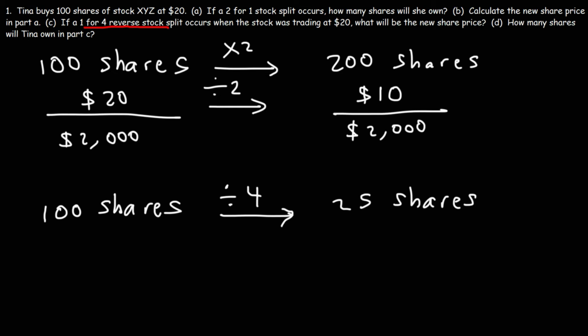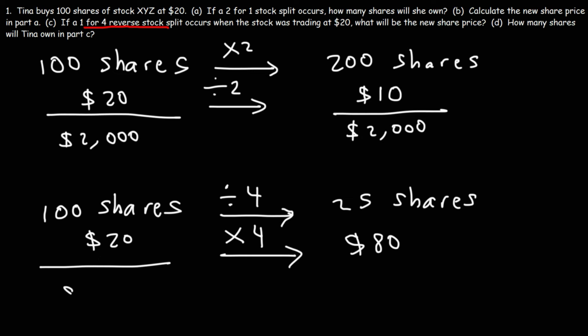Now, if the number of shares in a reverse stock split goes down, we know that the price is going to go up. So the initial price that she bought the shares for was $20. And since the number of shares went down by a factor of 4, the stock price is going to go up by a factor of 4. So it's going to go from $20 to $80.